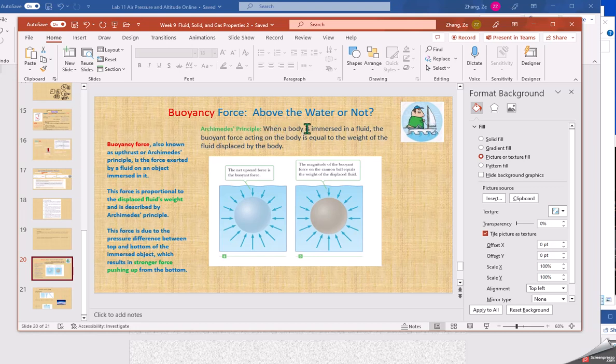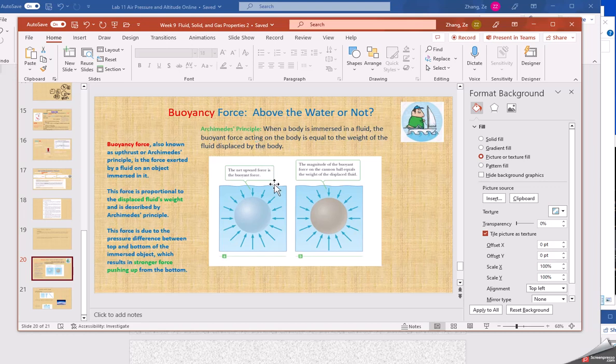When an object is immersed in a liquid, the buoyancy force, the total floating force acting on the body, is equivalent to the weight of the fluid displaced by the body. What does that mean? Why is there a force pushing things up?